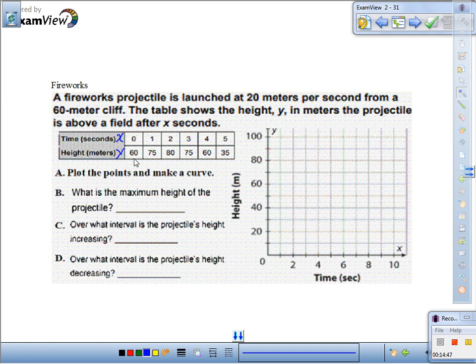So 0 of x, 60 y. 0, 60. 1, 75. 75 is about right there. 2, 80. Then 3, 75. 4, 60. 5, 35. 35 is about right there.